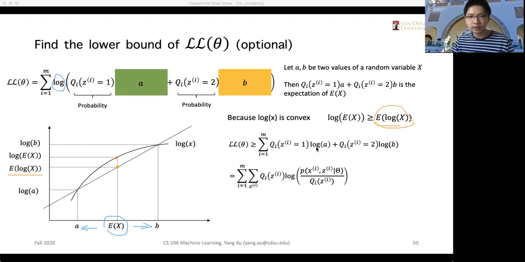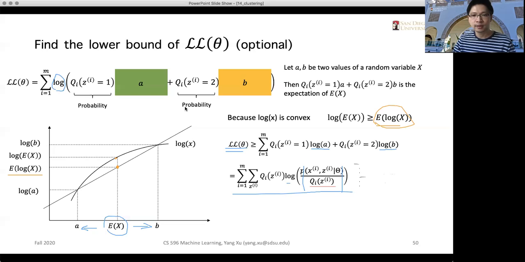We move the logarithm inside each summation term, so we move the log inside with a and the log inside with b. And this makes it easier because it's directly the log of these two probabilities. Remember, this is the lower bound of the original log likelihood.